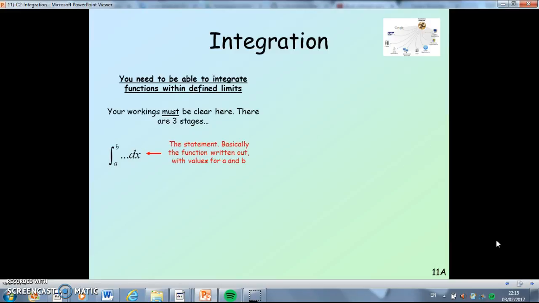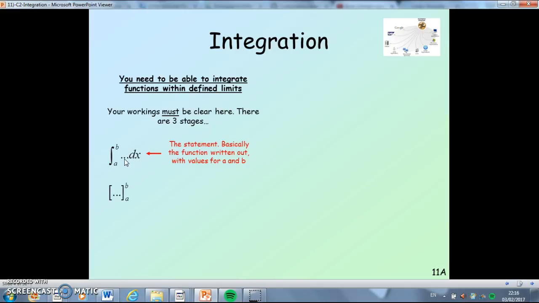So for this integration, where we're finding the area between the curve and the x-axis, we will use the statement for the curve, with b and a showing the values, and the dots here are representative of the value.